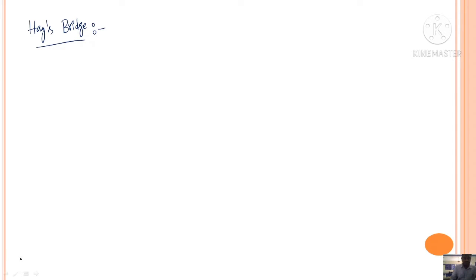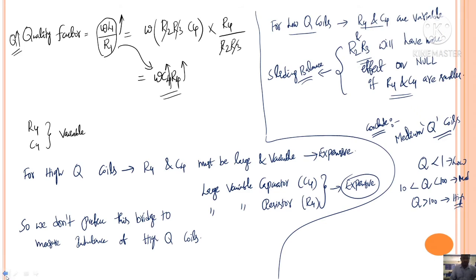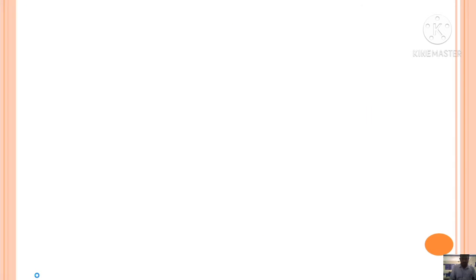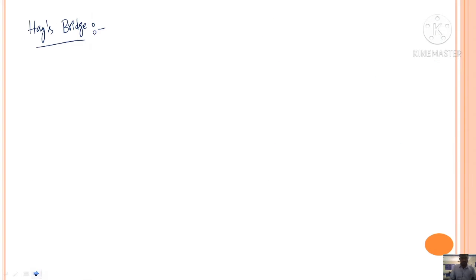Hayes bridge is obtained by incorporating a small modification in Maxwell inductance and capacitance bridge, and that small modification is, instead of connecting the capacitor in parallel with this resistance R4, we'll place this capacitor in series and the remaining everything is same. So a little modification made in Maxwell's bridge can give us Hayes bridge.